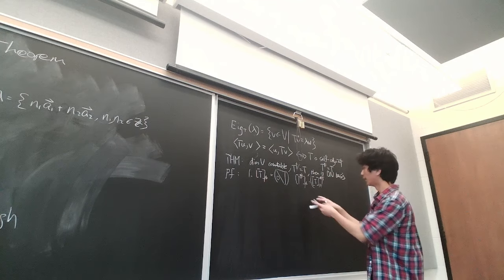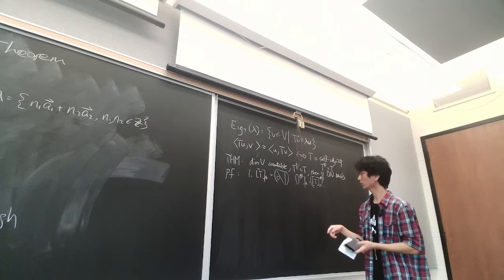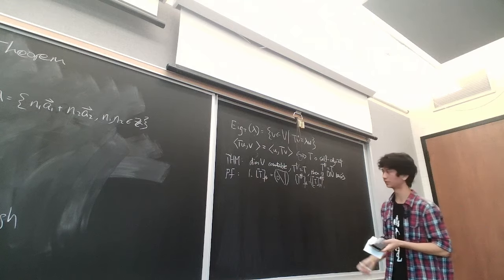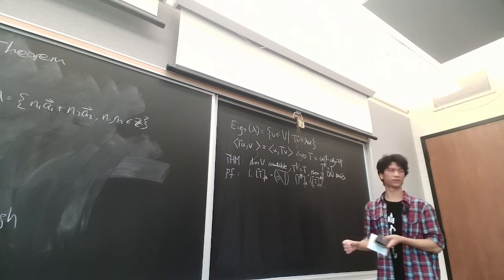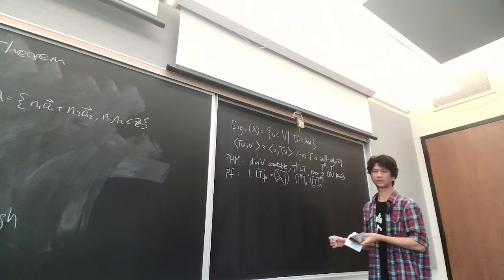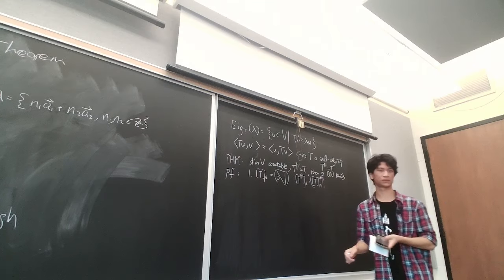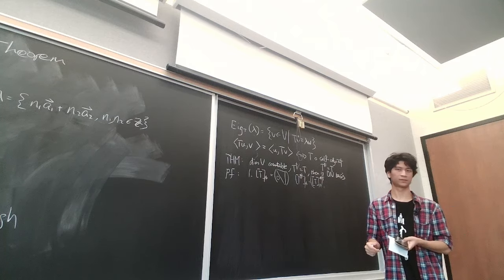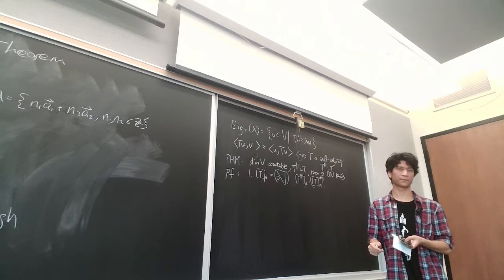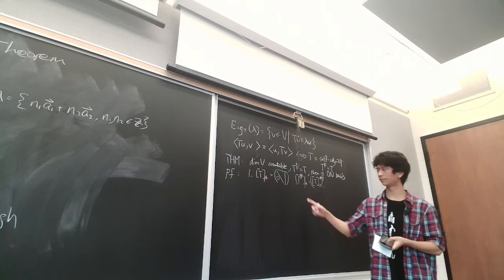So this is in an orthonormal basis. Yes. The adjoint of an operator is equal to the star and transpose if and only if the matrix is written in an orthonormal basis, not otherwise.